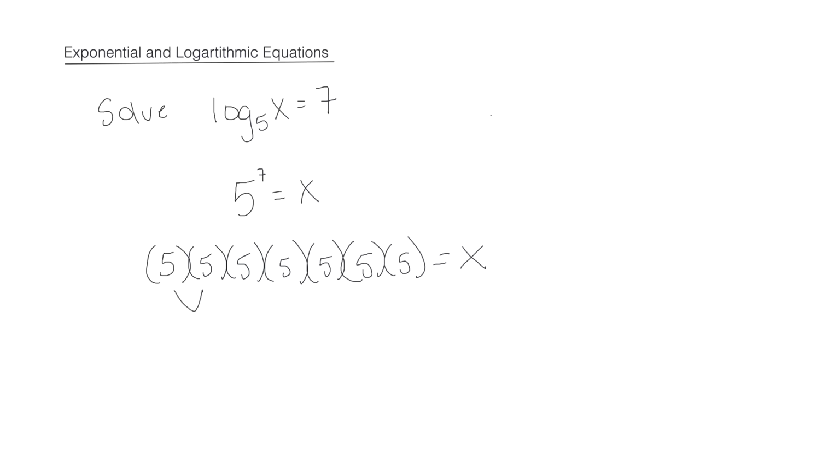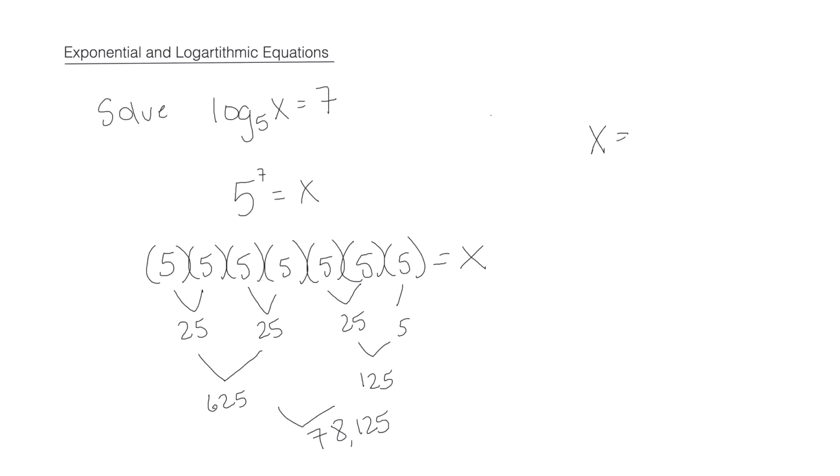This is 25. 25 times 25 is 625. 25 times 5 is 125. Calculator, 125 times 625 is 78,125. X equals 78,125.